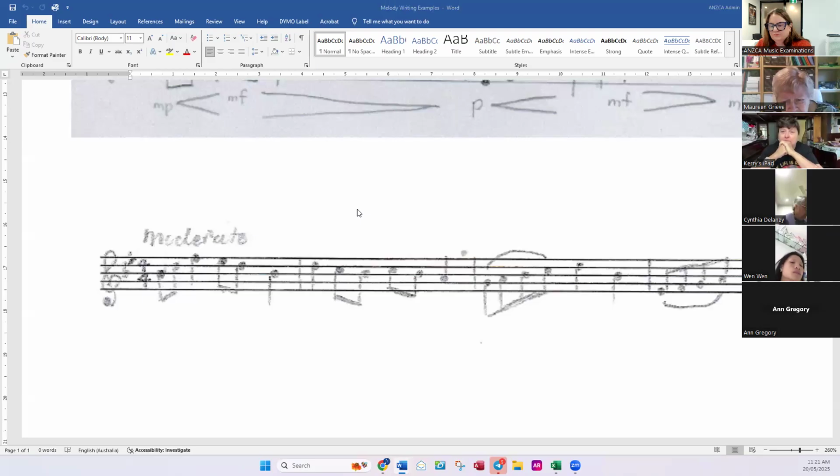I certainly don't like bars 3 to 4 that leap down. I wouldn't pass it. But because it's their first melody, I tend not to be too harsh, so I'd probably give that one maybe a 5.